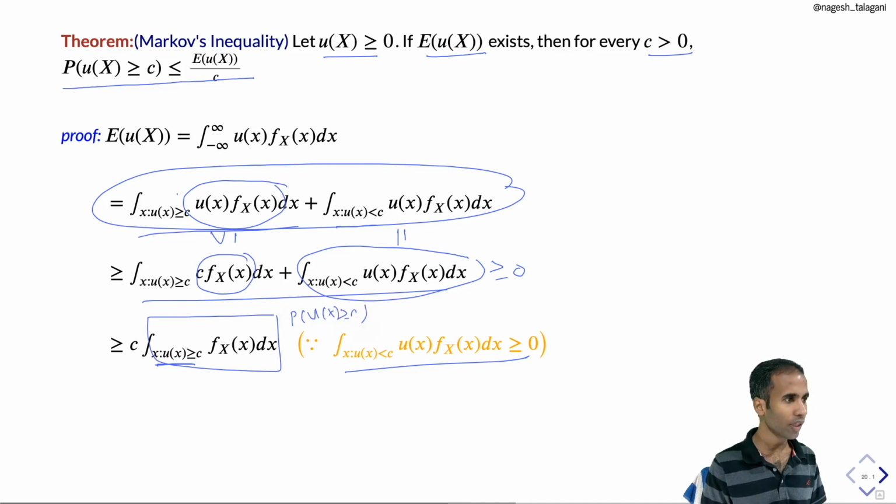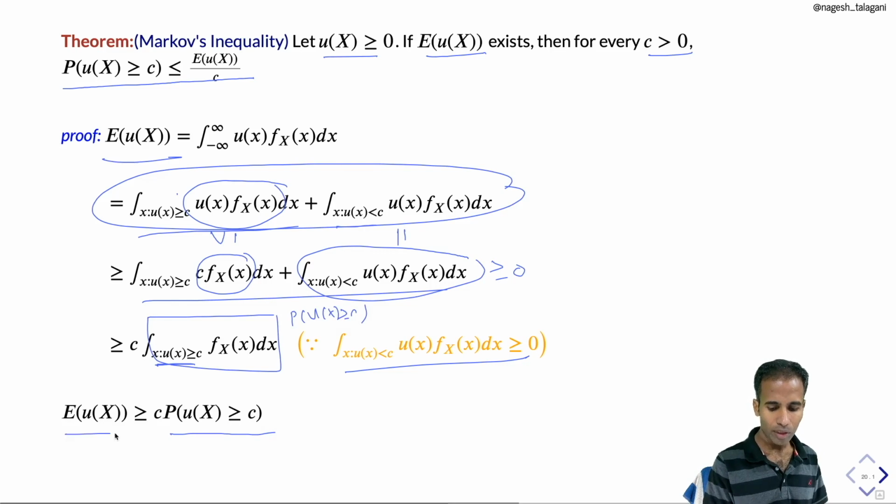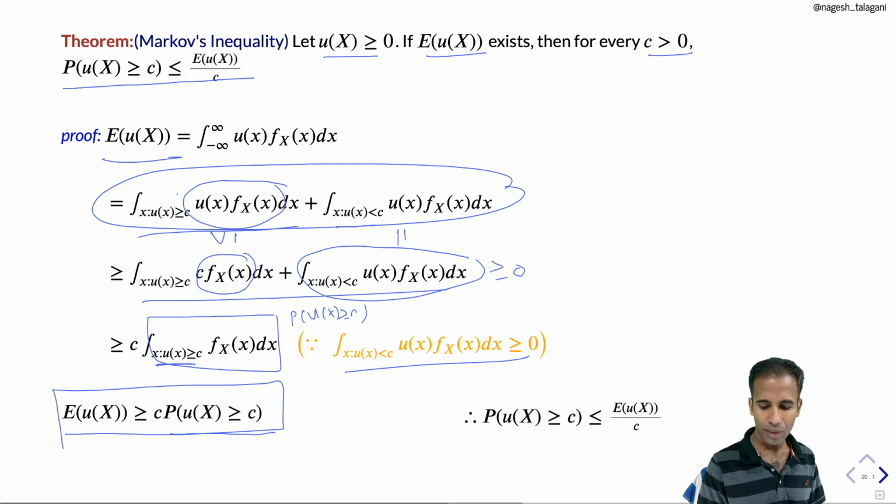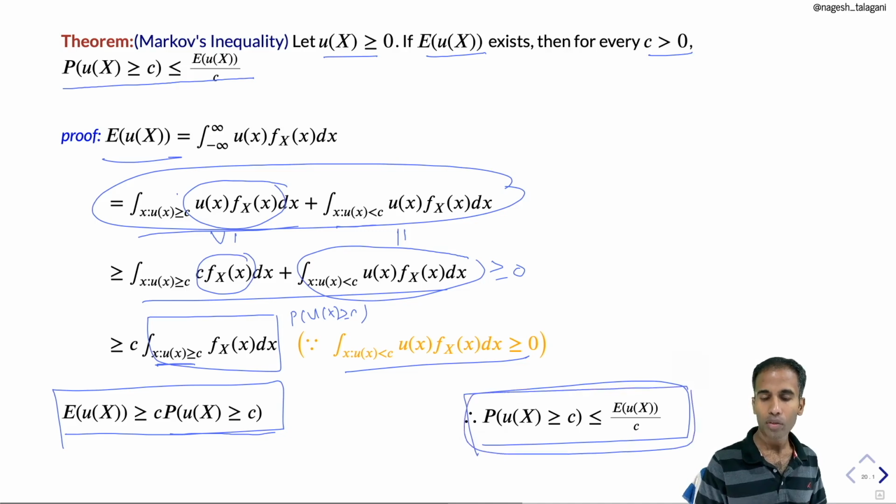Therefore the right hand side is c times the probability of u(x) greater than or equal to c. The left hand side is the expectation of u(x). Since c is positive, if we bring it to this side, we still have the inequality: the probability of u(x) greater than or equal to c is less than or equal to the expectation of u(x) divided by c. So this is Markov's inequality.